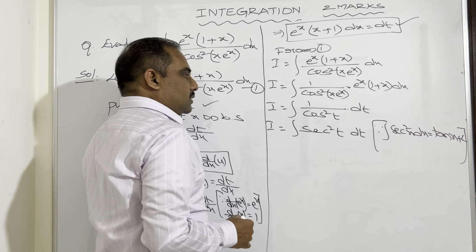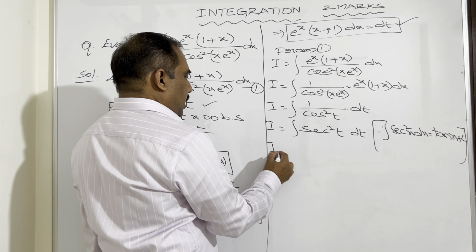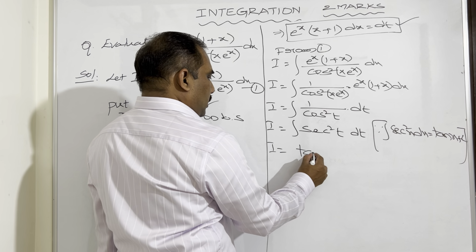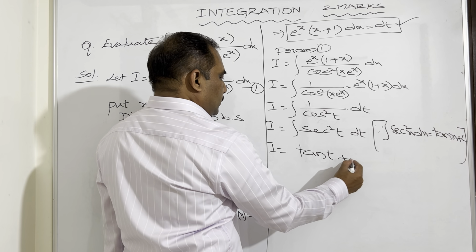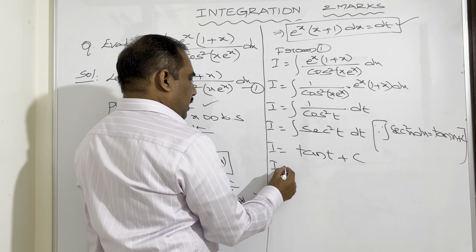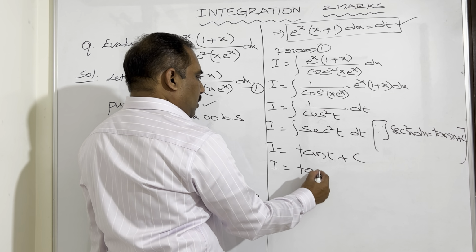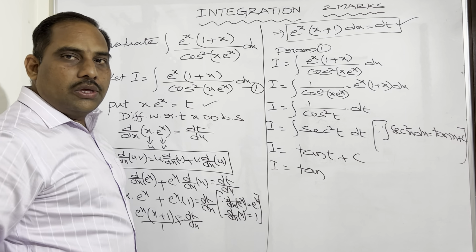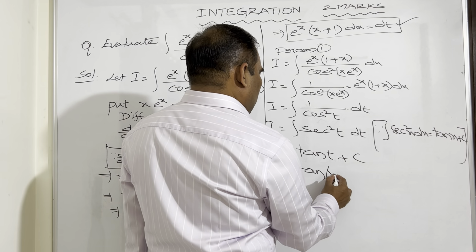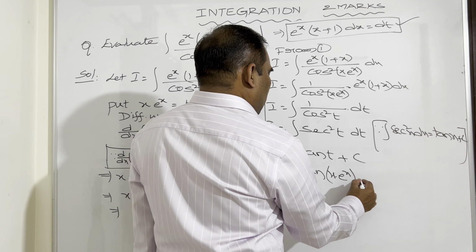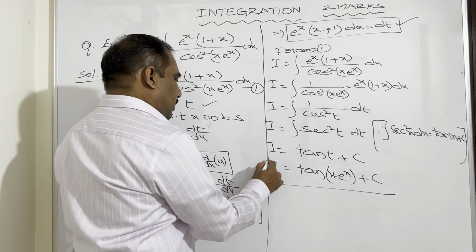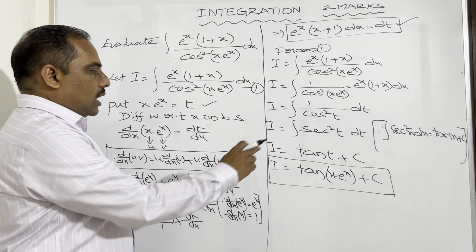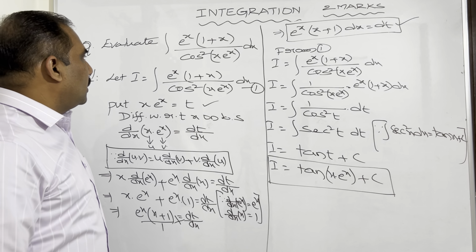As per this standard form, the integral of secant square t is tan t plus c. So finally we get I is equal to tan of t, where t is x into e power x. So the integral of the given function is I is equal to tan of x e power x plus c.